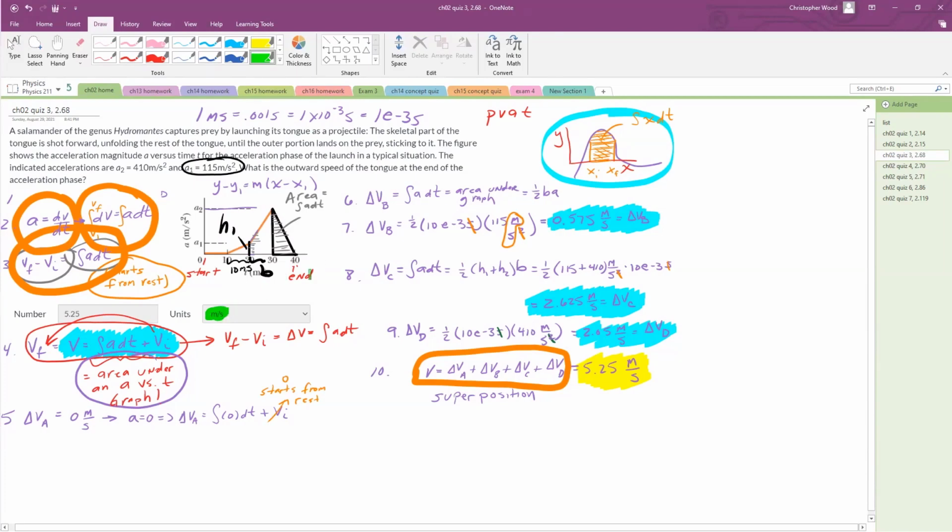So if I need to express velocity in meters per second, then I need to convert milliseconds to seconds just to be dimensionally consistent. That's the only reason I did that.